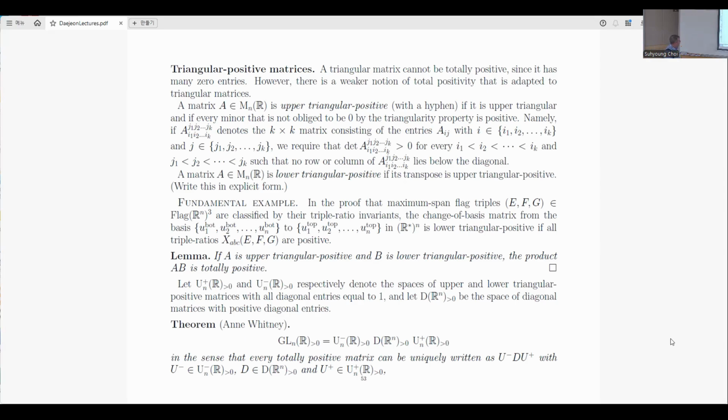And we have encountered these before, because if you remember, in our classification of maximal flag triples, associated to the bottom snake we had a basis for the dual of R^n, and we had another basis associated to the top snake, and we had an explicit formula for the change of basis matrix.